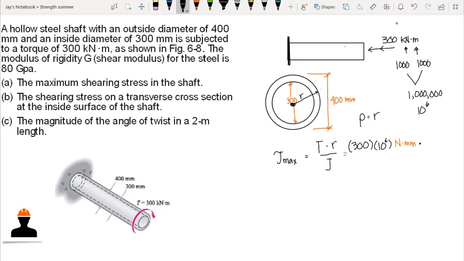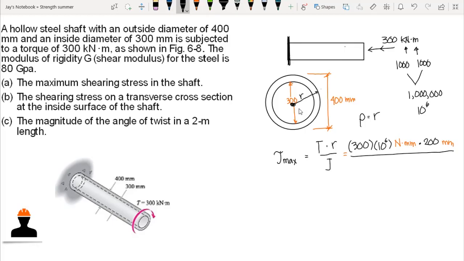So our rho here is the radius from the center, that is 200 millimeter, over the polar moment of inertia.